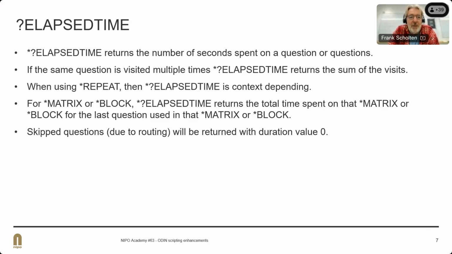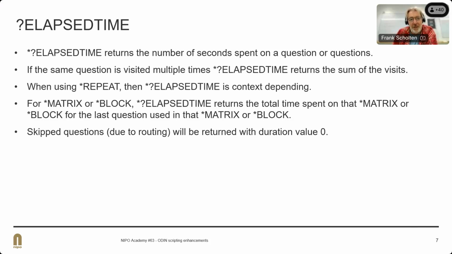When you are using that elapsed time inside a repeat, that is context dependent, which means it will return the value of that question for that current iteration. If you refer to it outside a repeat, it will return the sum of all those visits.